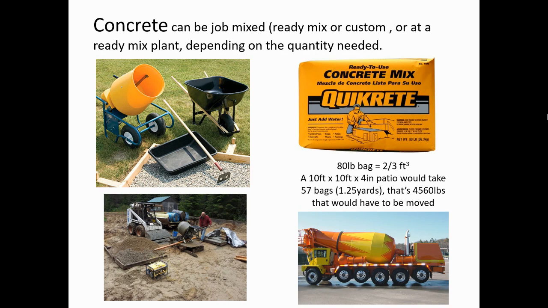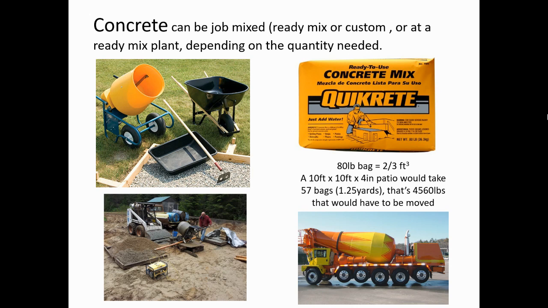So when you go to, say, Lowe's to buy your concrete, you have to pick up 57 bags and put it on your cart. You have to make multiple trips. Then you get out to your truck and you have to pick up the bag again and put it in the back of your truck. And then when you get home, you probably have to unload the bags from the truck.